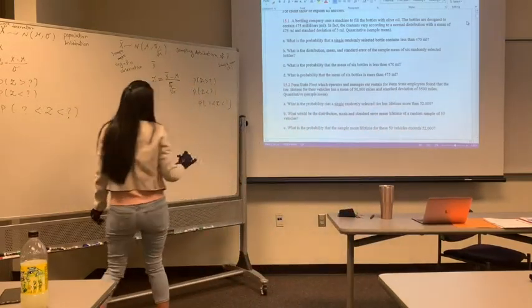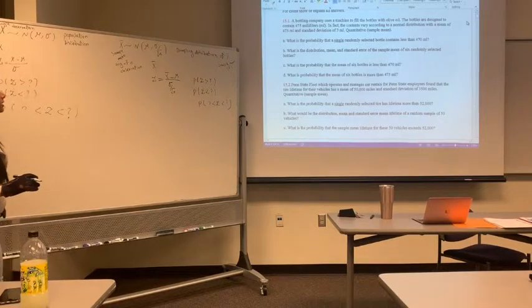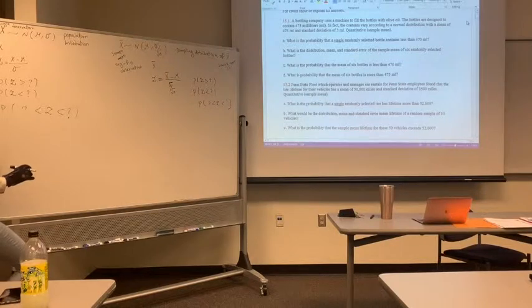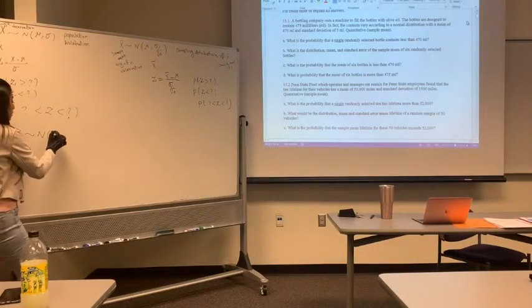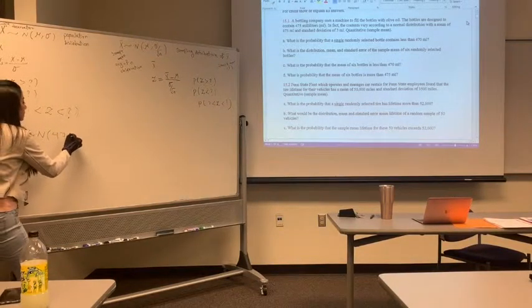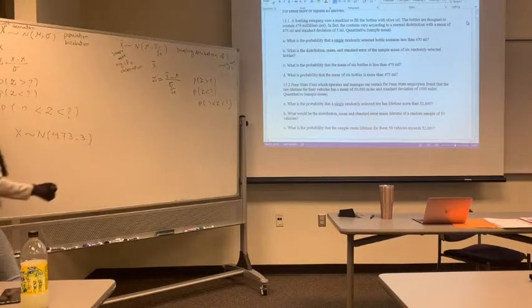Okay, so now we have all this information. It says a bottling company uses a machine to fill bottles with olive oil. The bottles are designed to contain 475 milliliters. In fact, the content varies according to a normal distribution with a mean of... As soon as I hear this, I write down the distribution of the population, which is normal, with this mean and this standard deviation.